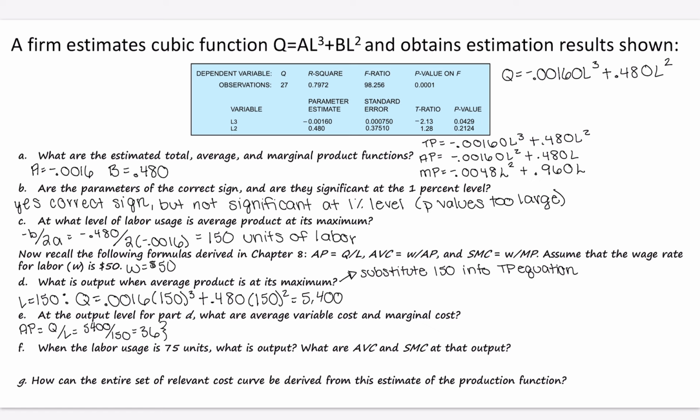And the reason we need this is because marginal product equals average product at the maximum of the AP curve, which means that our marginal product is also equal to 36.